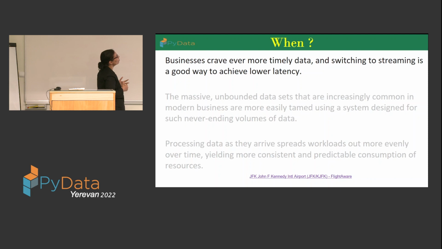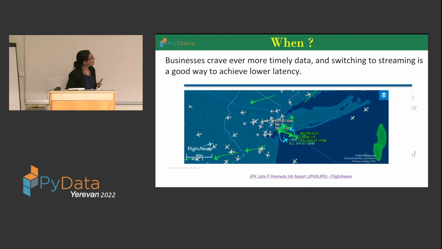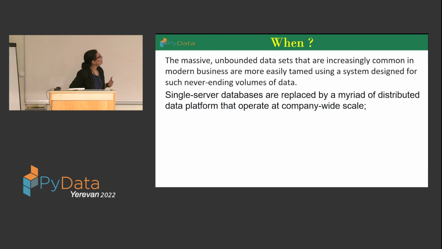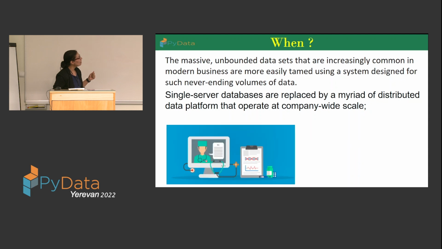If I want to answer the question when, as I mentioned already, if your business needs timely data, you should go for streaming. And also, if you have a massive unbounded data set that increases a lot, you should consider streaming, which, as we know, in many businesses is now so common.